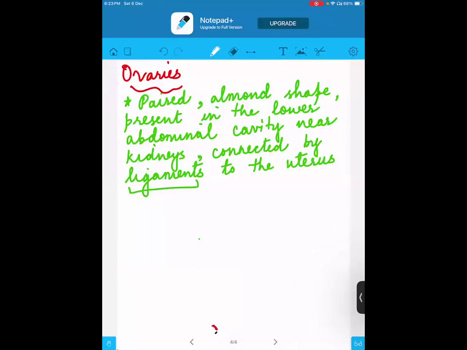Ligaments basically are a connection from bone to bone, which connects bone to bone. Now you remember, ligaments and tendons, two words you might have learned in grade 9.